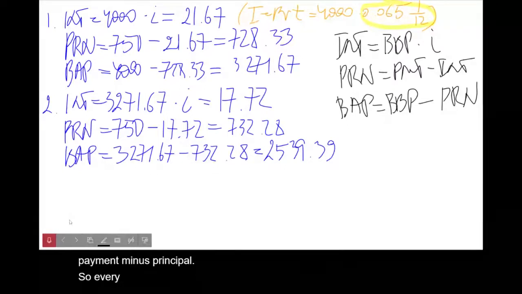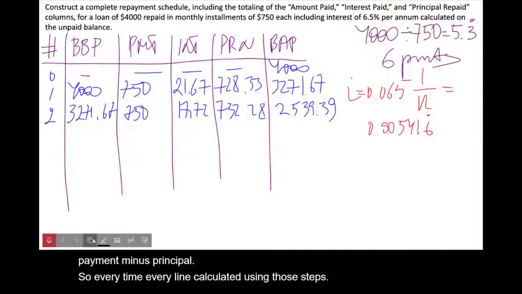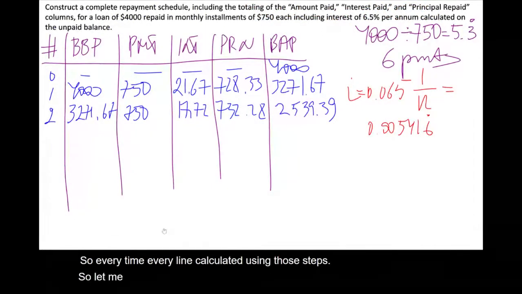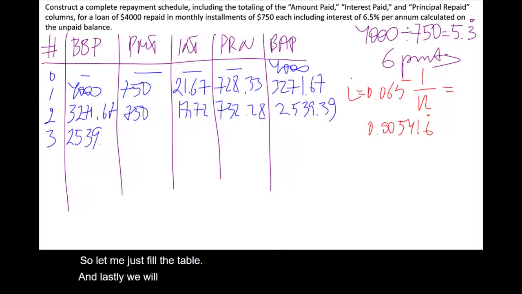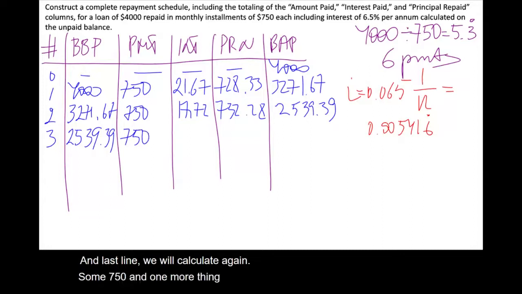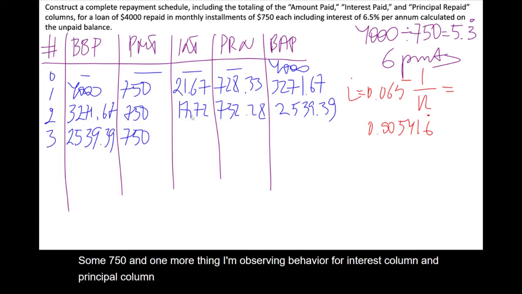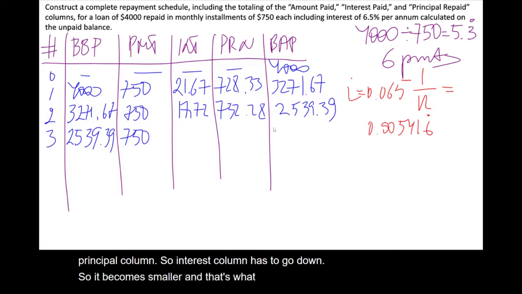So every line is calculated using those steps. Let me just fill the table, and the last line we will calculate again. So 750. And one more thing, I'm observing the behavior of the interest column and the principal column. The interest column has to go down, so it becomes smaller, and that's what is happening. Principal has to grow, so that's what is happening, right? And balance, of course, is going down, approaching 0.